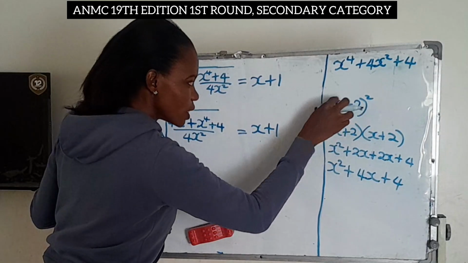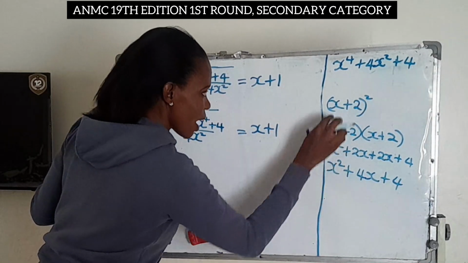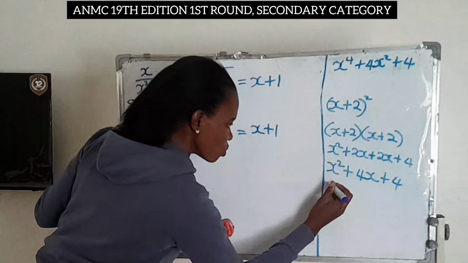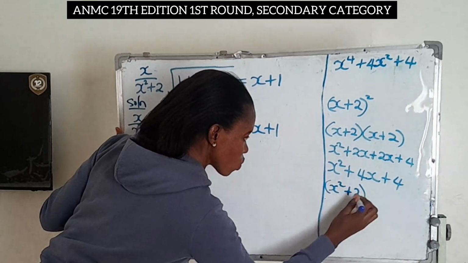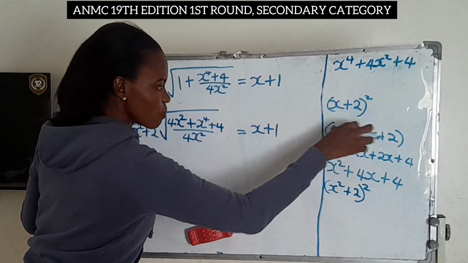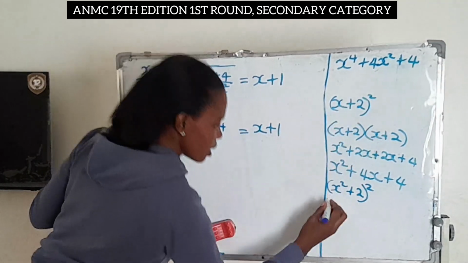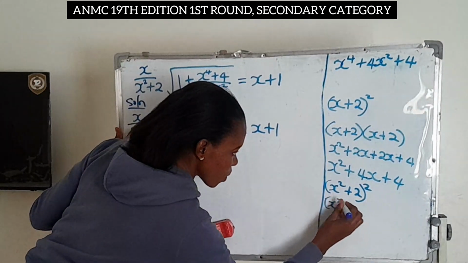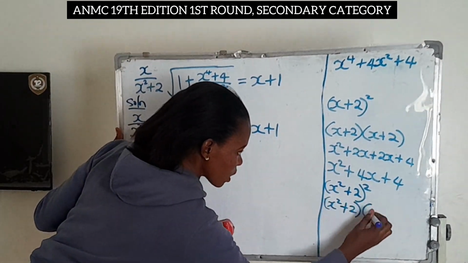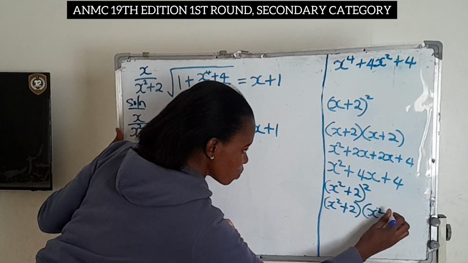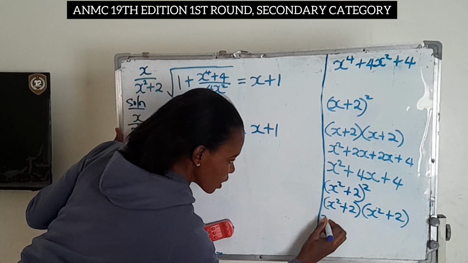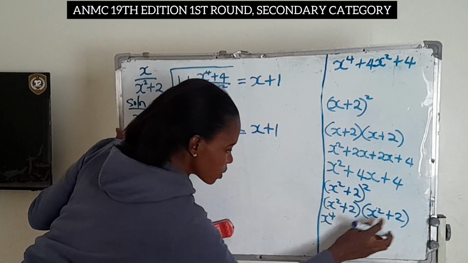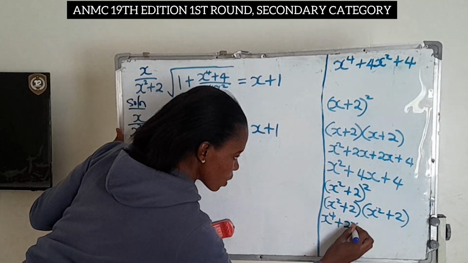So what I will do, the same expansion I did here, I can raise this thing to the power of 2. That is, let me expand x raised to the power of 2 plus 2, squared. You see, it will give me exactly this. Let's do it. x raised to the power of 2 plus 2 times x raised to the power of 2 plus 2. x squared times x squared will give me x to the 4. This times this will give me plus 2x squared.